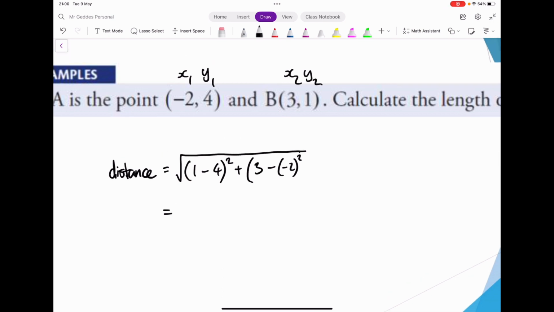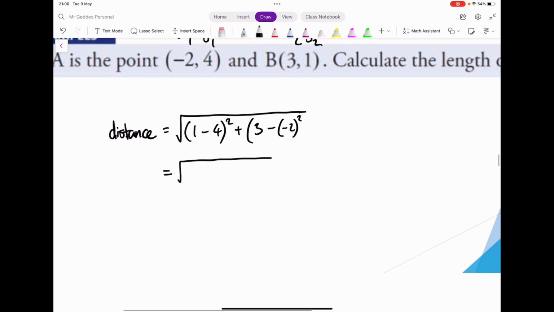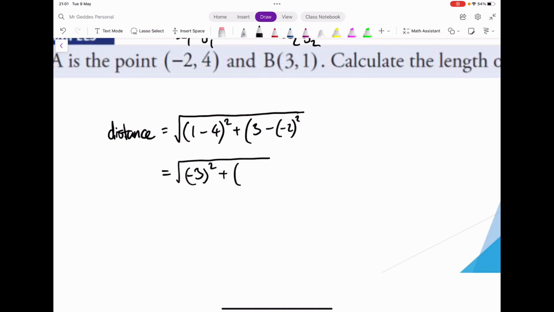We'll keep the square root for just now. 1 minus 4, negative 3 squared, plus, there, I missed a bracket, make sure you get the right number of brackets, 3 plus 2 is 5, 5 squared. Negative 3 squared is 9 plus 5 squared is 34. 9 plus 25 is 34.